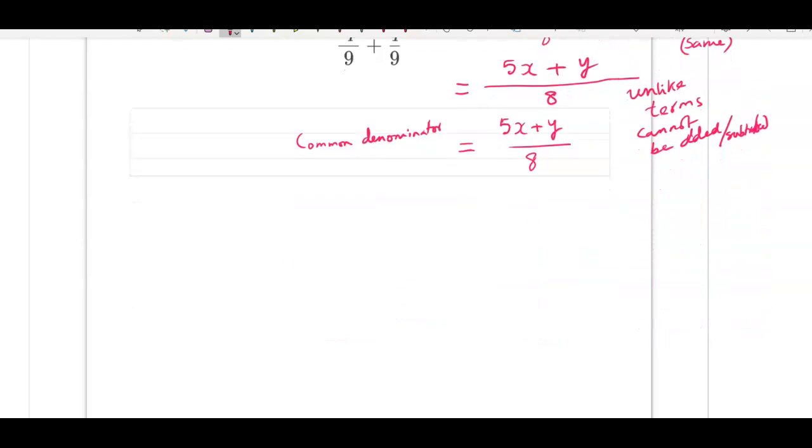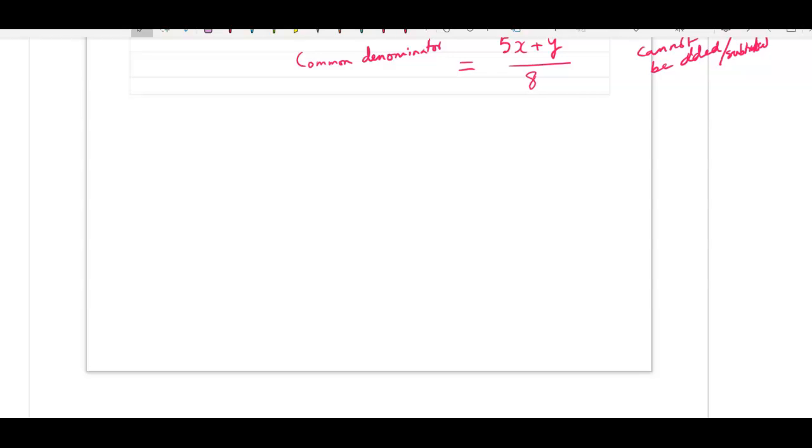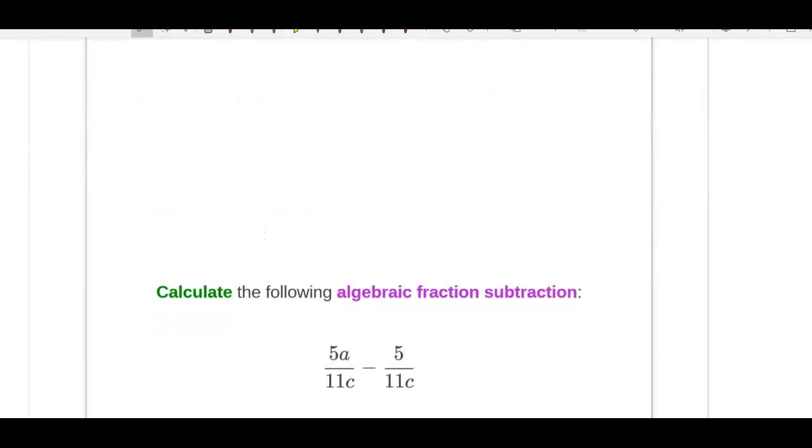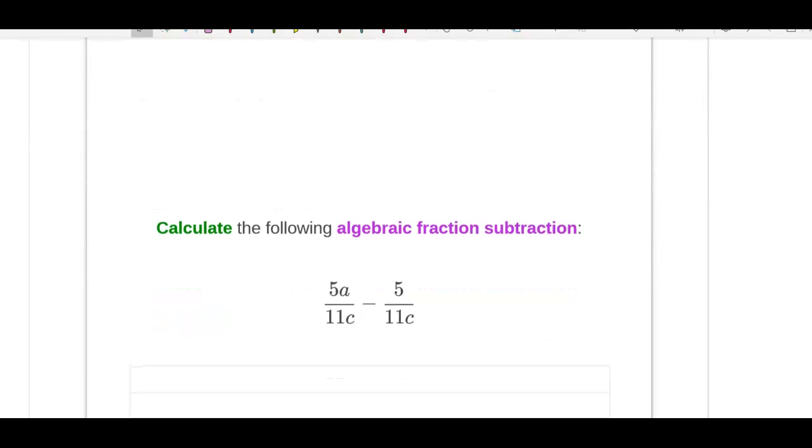Okay, let me quickly move to the next one. With this one, they have given a little bit of different kind of expression. So let's take another one.